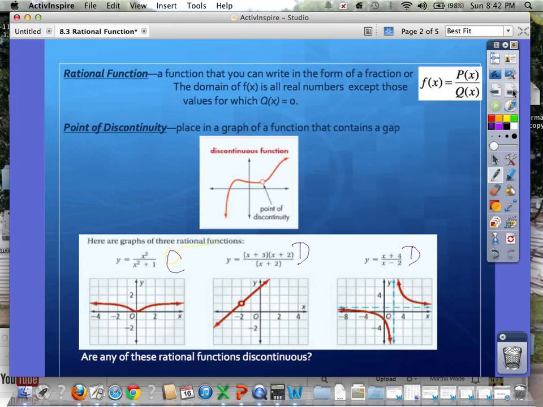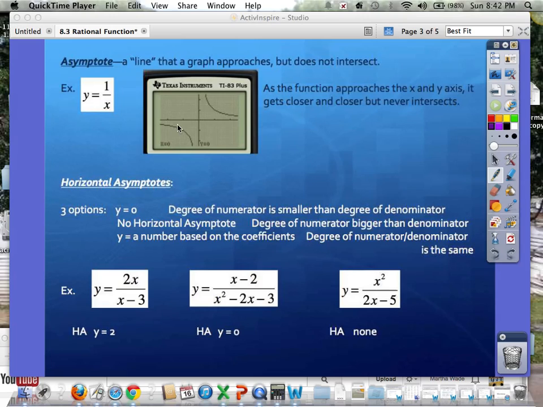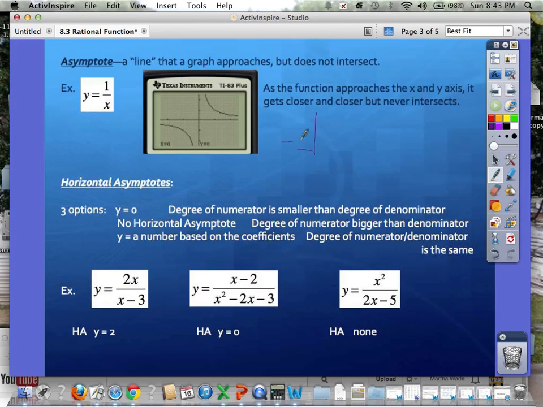So let's talk about what causes those things. Some of the reasons why we have points of discontinuity are things called asymptotes. Asymptotes are a line, and I put that in quotation marks because it's not really a line. It would be represented sometimes like in the previous slide where it was dashed, or sometimes in your graph you can actually get a graph, depending on your type of calculator, where it goes like this.